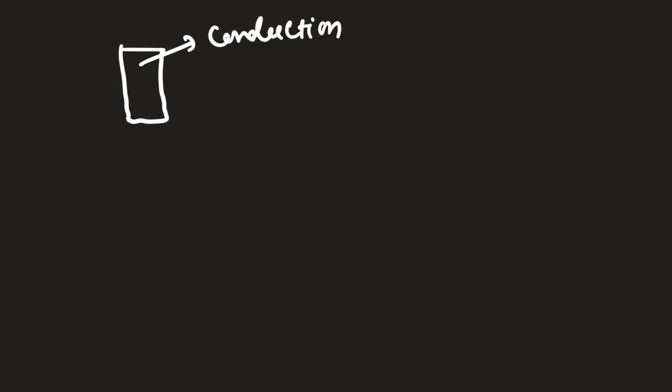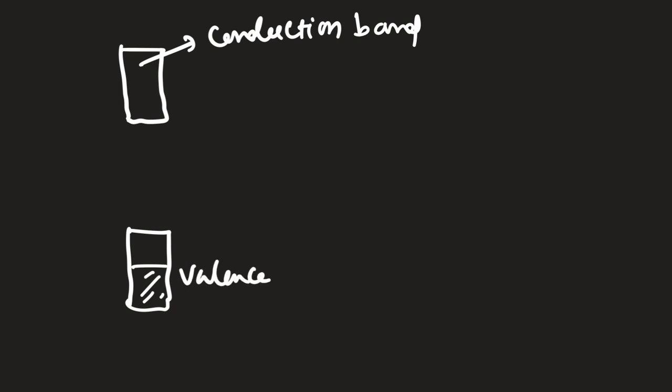Now, this is considered as conduction band, and this is valency band. This gap is called energy gap, EG. If it is high, then this is called insulator.